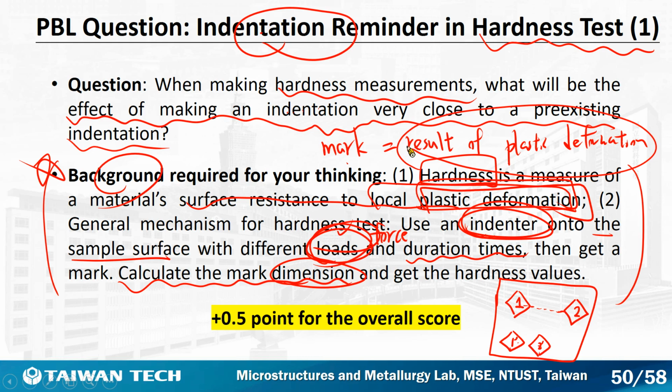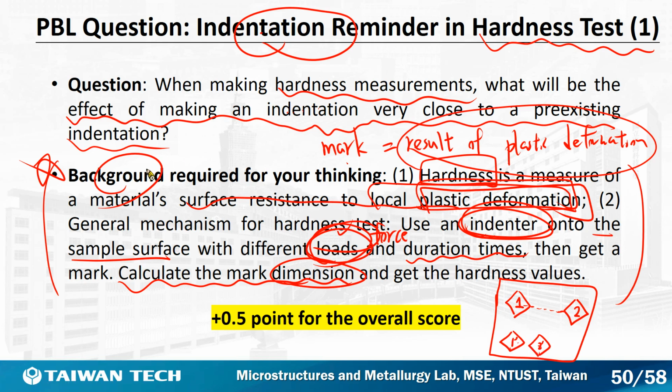This is the mechanism of strain hardening. With the strain, the material will become harder. The hardening is due to a strain field, and when the indentation is made very close to it, the strain field will affect the result here.